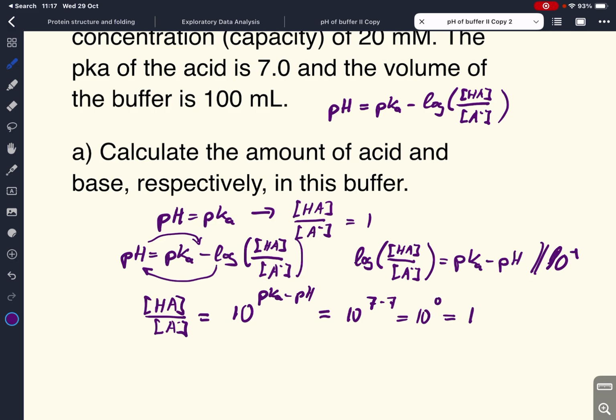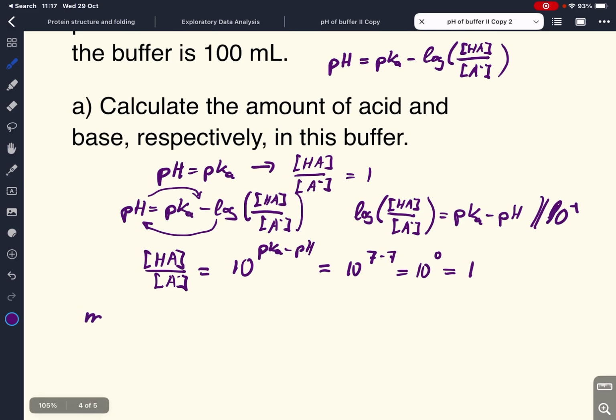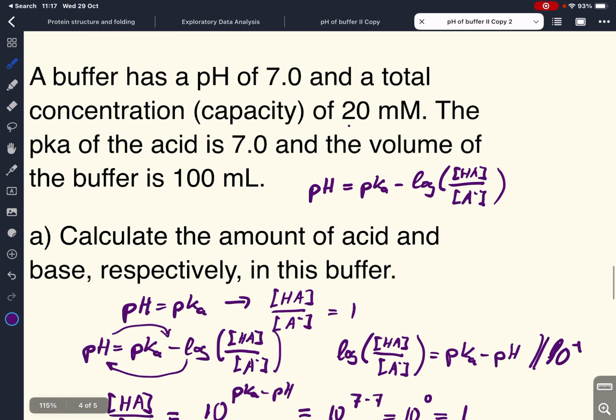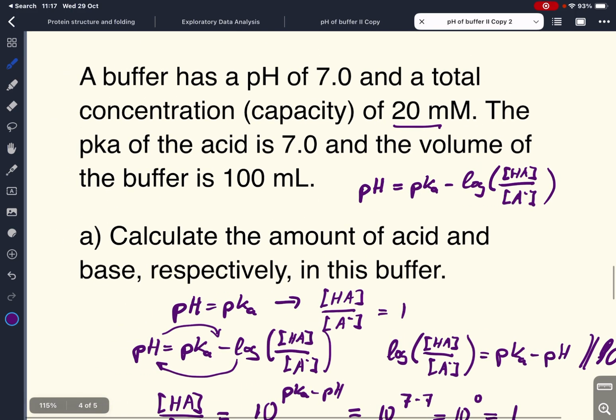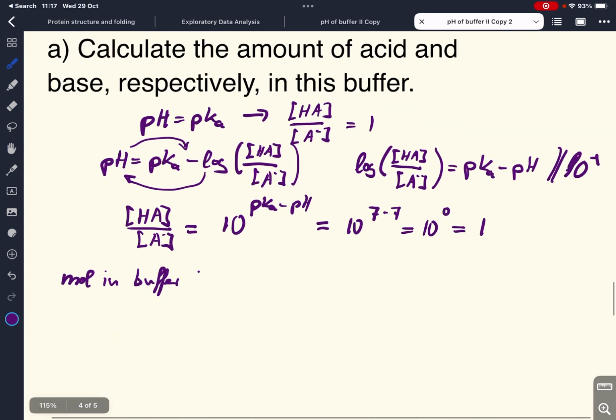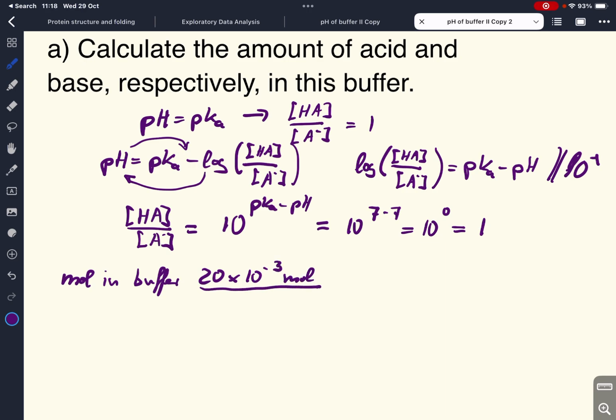So we know that if the pH equals the pKa, the acid concentration is equal to the base concentration. And we can now calculate the total amount of moles in our buffer, so moles in buffer. And we know that we've got a capacity of 20 millimolar. So we've got 20 times 10 to the minus 3 mole per liter.